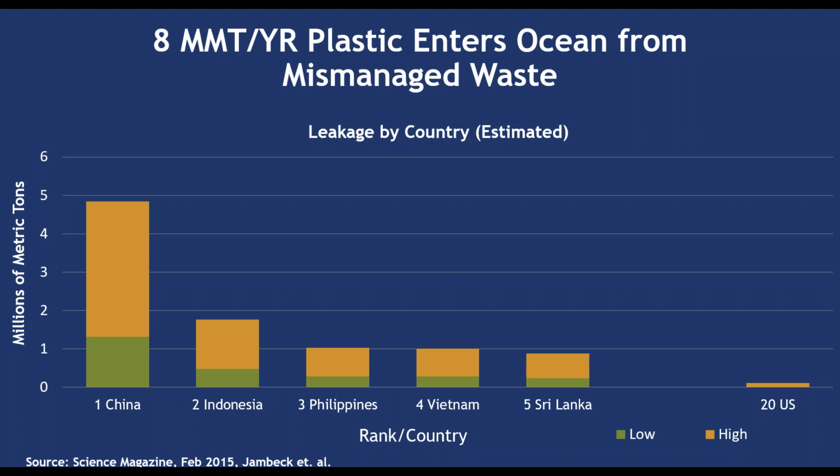So not unlike a situation that we may have seen in the U.S. in the 60s and 70s, when we didn't quite have the waste management infrastructure that we have today, we're seeing a situation perhaps even worse in Southeast Asia, and the products that are finding their way into the environment are plastics.